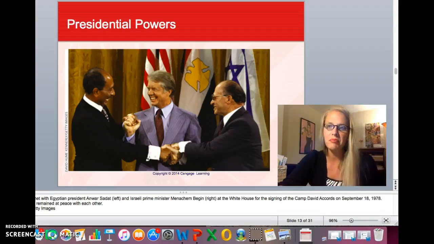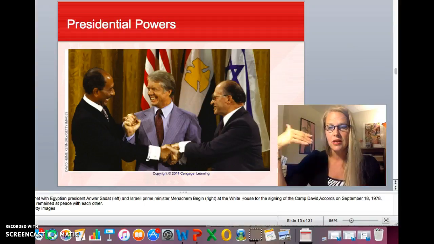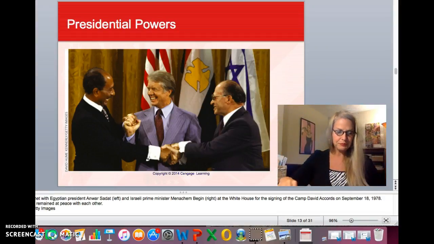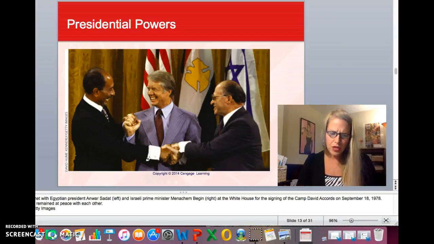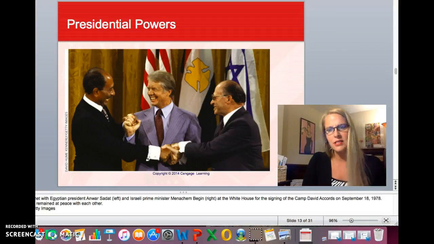Jimmy Carter might not have been the greatest president in the numbers, but he is still considered to be a diplomat. That was one of his big strengths. Very interesting, this picture. They had a question for you. Would negotiating such agreements help a president politically, and why or why not?